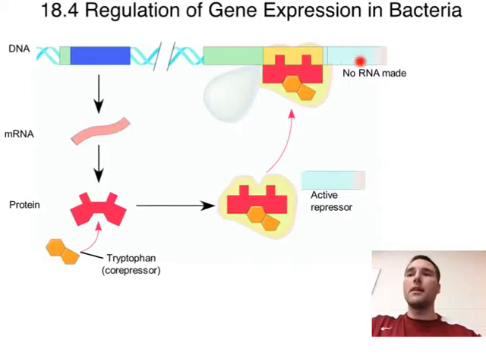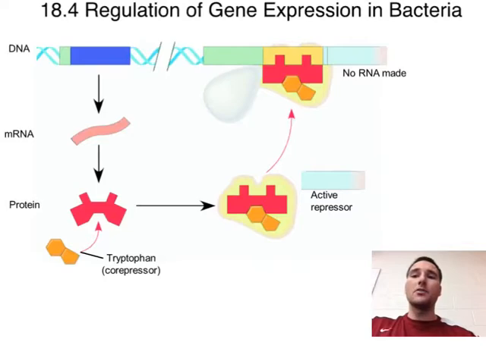So over here we have the genes for the different enzymes for making tryptophan. Those genes never get transcribed, which means they never get translated, which means the enzymes don't get made. And so we have effectively turned off this gene, and now we're not making as many enzymes to make tryptophan.